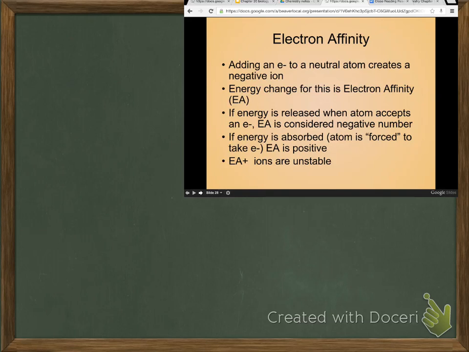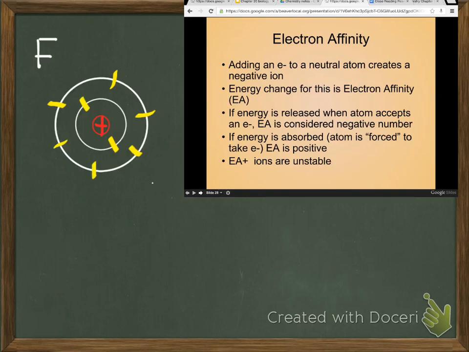Okay, so we said that not all ions are positive. We also have negative ions. We have things that actually do what? Would they add or subtract electrons to become a negative ion? Add. They add an electron, they become a negative ion. So let's take an example, one of our simplest halogens.